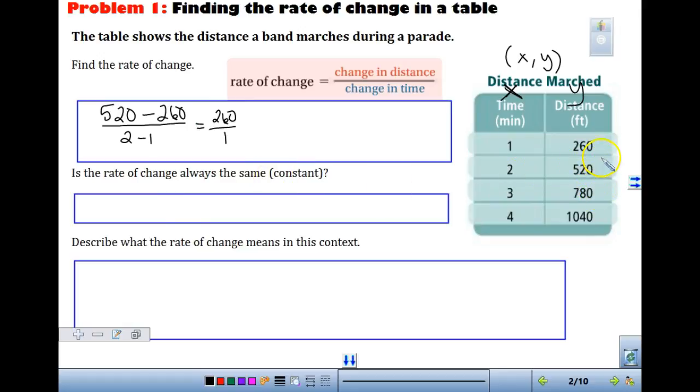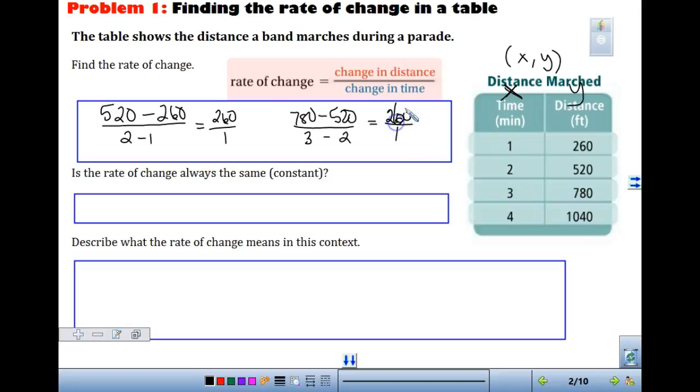Now there's a couple of different ways we can see if it's constant. So we're going to check another one. So we're going to take the 780 minus 520. And at 780, that was at time of 3 minutes minus the time of 2 minutes, which is when we had a distance of 520. 780 minus 520 gives us 260 again.